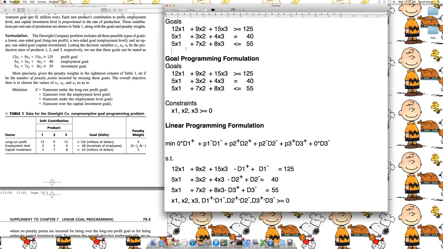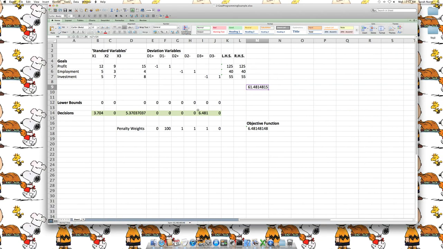Without deviations, this evaluates to 55 plus 6.48, and I needed the D3 plus to make it exactly equal to 55. So here I'm above my goal. And so that's how you interpret these different deviations.